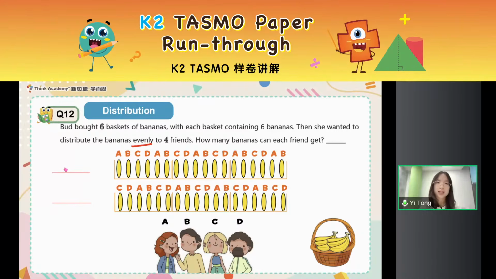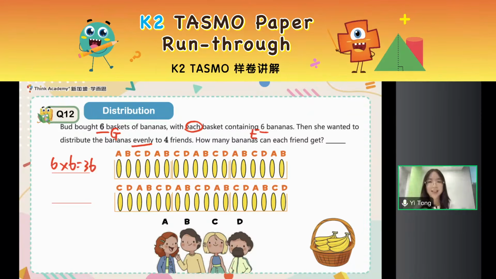So we can use how many groups? We can see 6 groups. So 6 groups. And each basket, so we see each, that is 6. And we want the total, so times 6 equals to 36.